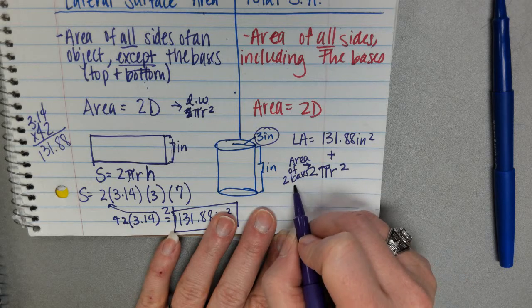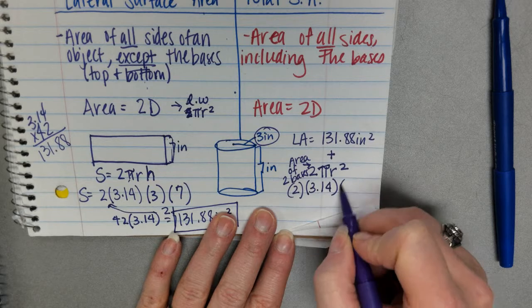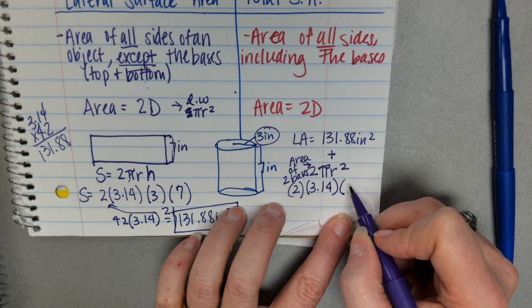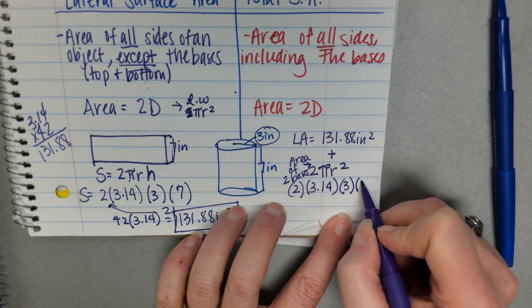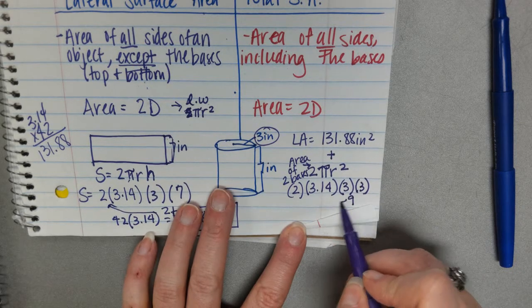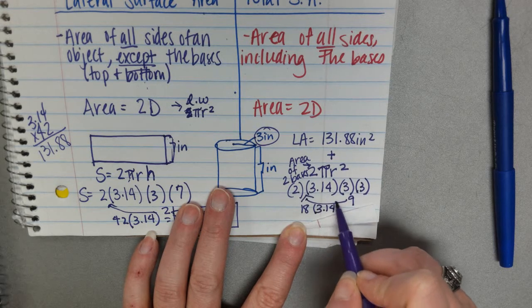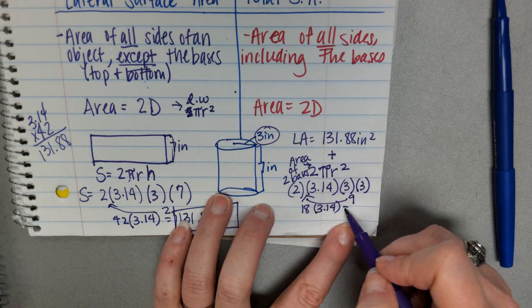Well, let's see what that is. You have 2 times 3.14 times the radius, which was 3, times the radius again. That's radius squared. So we have 9 times 2 is 18 times 3.14. Okay?